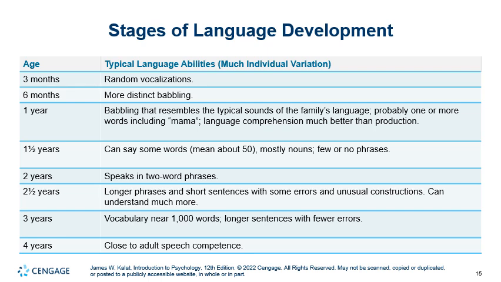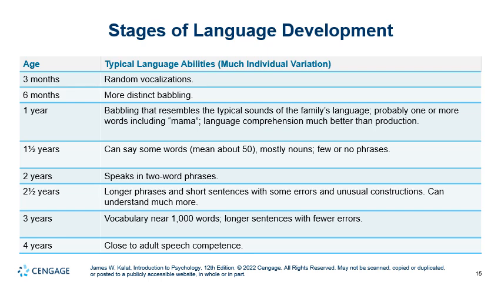But at 2.5, as far as your knowledge base for this course, you'll stick with what the textbook has. So at 2.5 years, they're starting to demonstrate longer phrases. They're using short sentences, and they may have some errors here and there, but you still start to understand more of what they're trying to express.